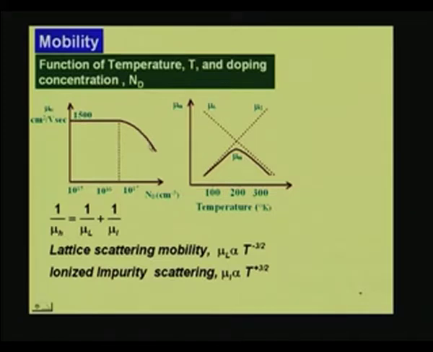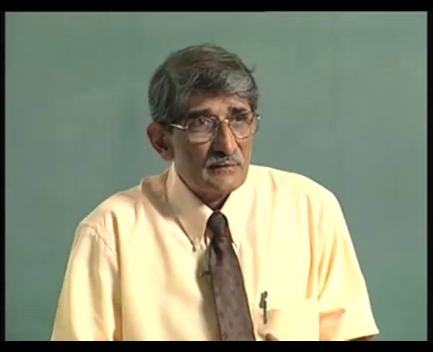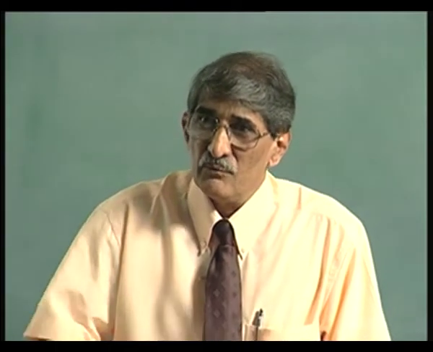And this mobility fall is due to the scattering of the carriers by those ionized impurities. Because the more dopants there are, those dopants prevent the electrons from moving smoothly.